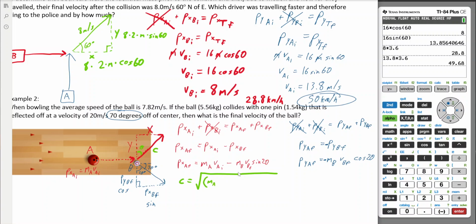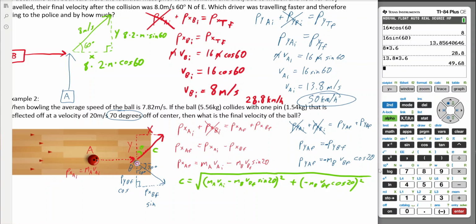So MAVAI minus MBVBF sine 20. So that's one of the values. And then plus negative MBVBF cos 20 squared.